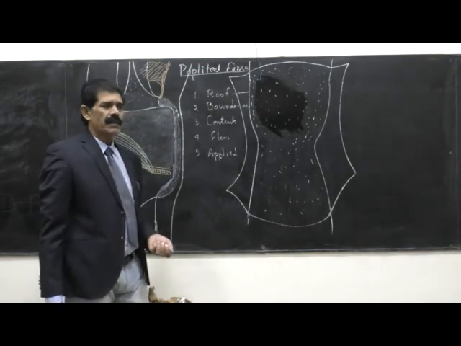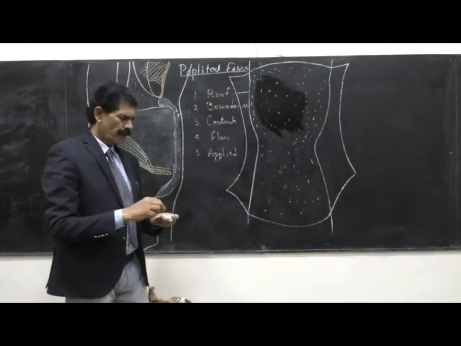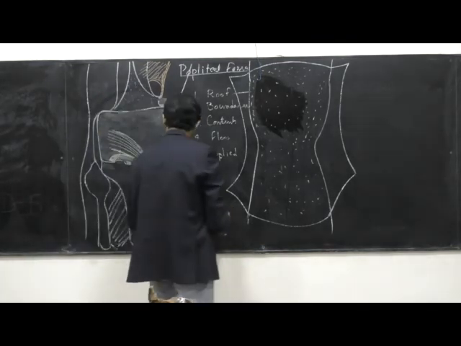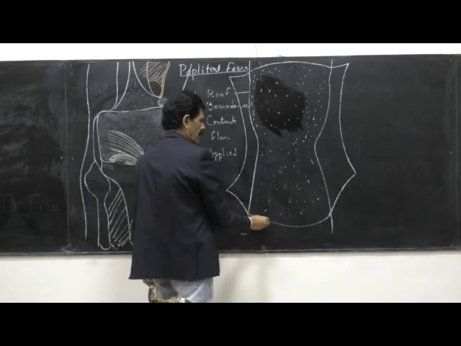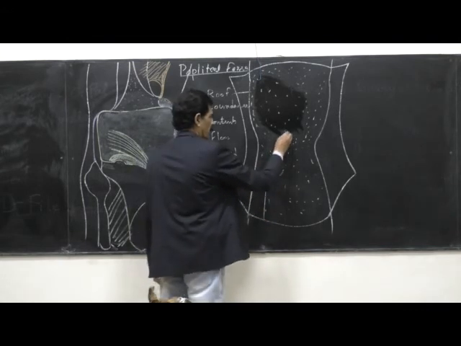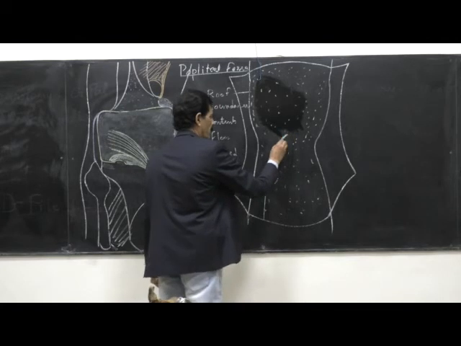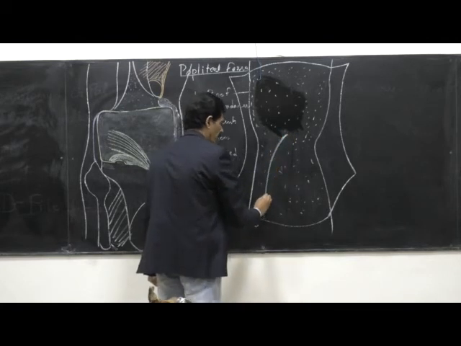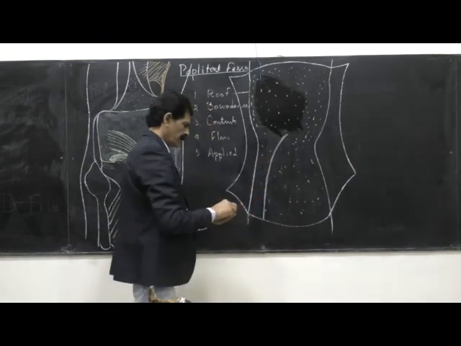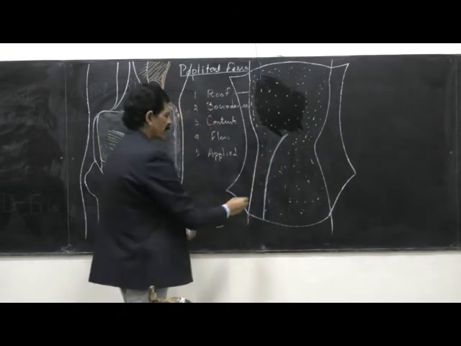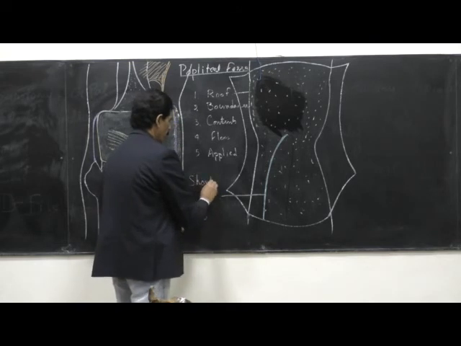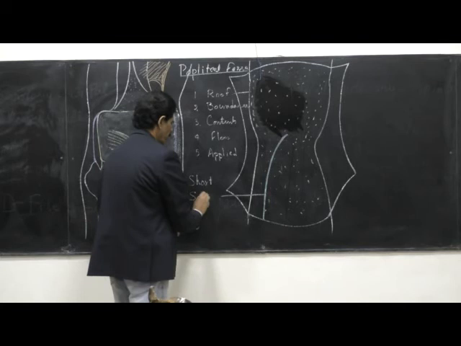And in this superficial fascia of the popliteal fossa, from the lateral aspect, we see a vein coming and almost disappearing in the middle of the popliteal fossa. The superficial vein is visible, this is called the short saphenous vein.